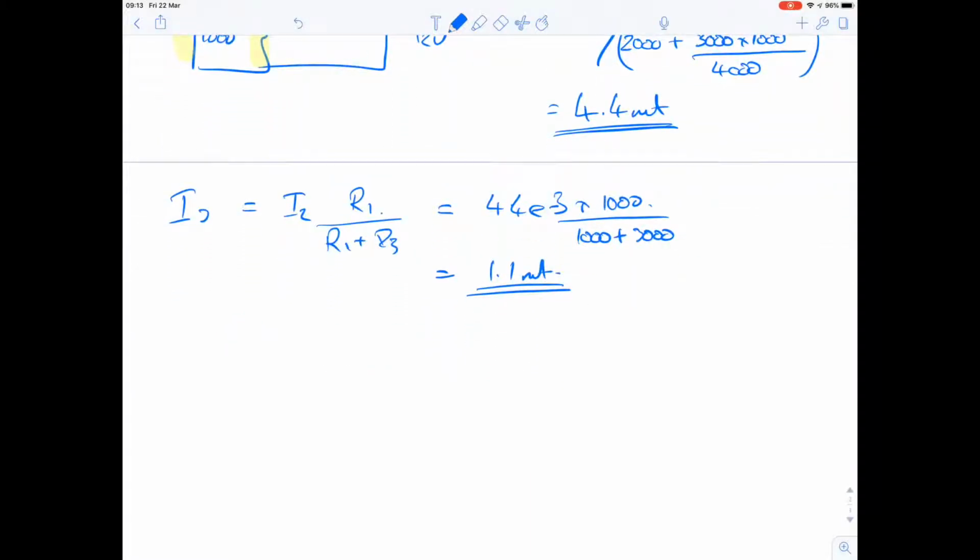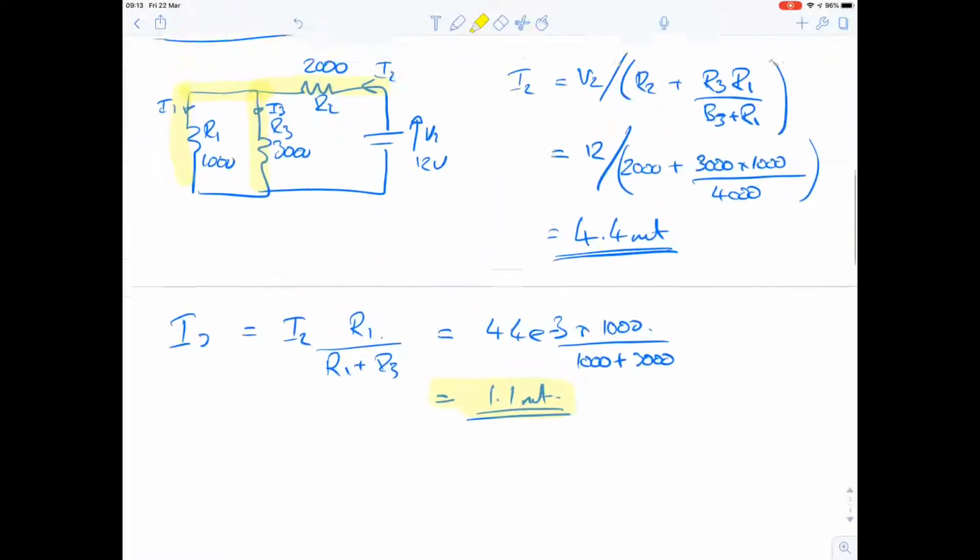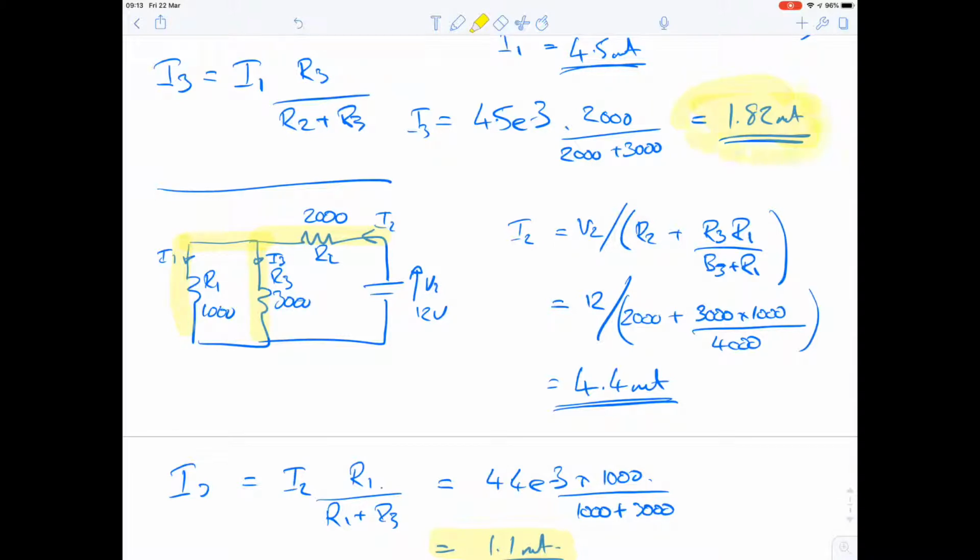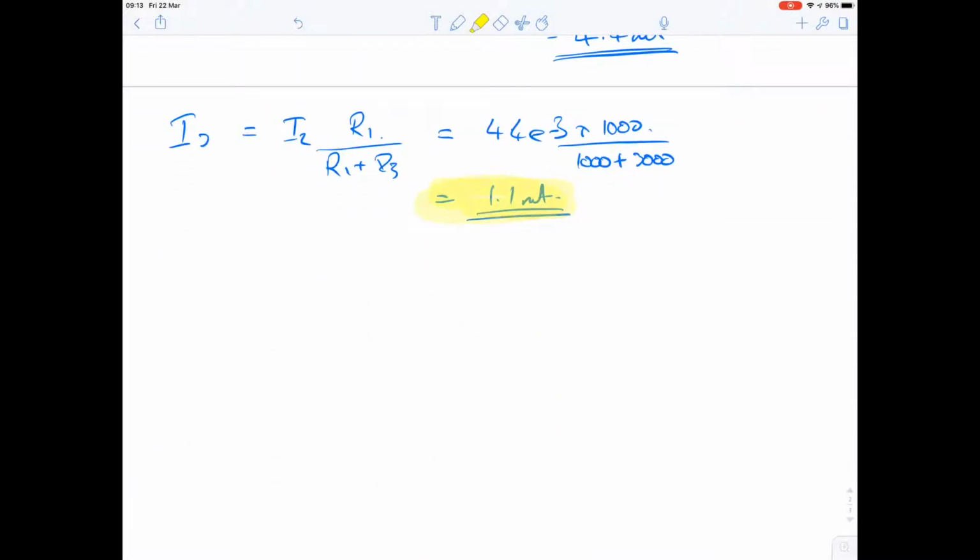So we've now got two currents. Okay, these are the two currents that are important. This current here, 1.82 milliamps, and this current here, 1.1 milliamps. So let's just make a note of exactly what's happening. I3 with respect to V1 gives me 1.82 milliamps.